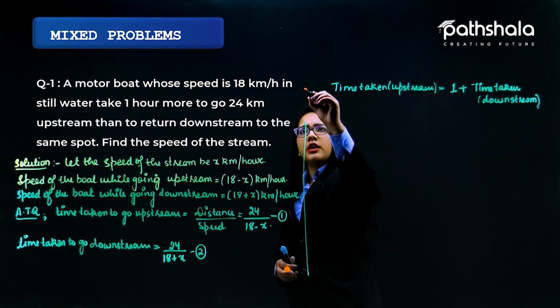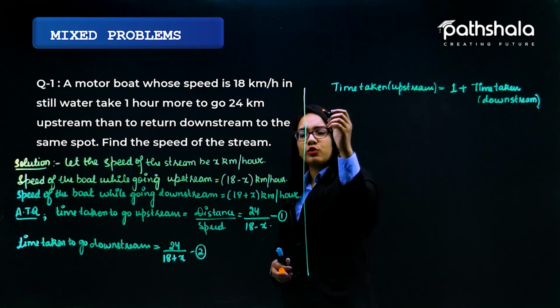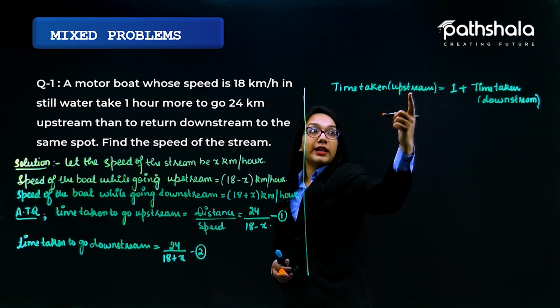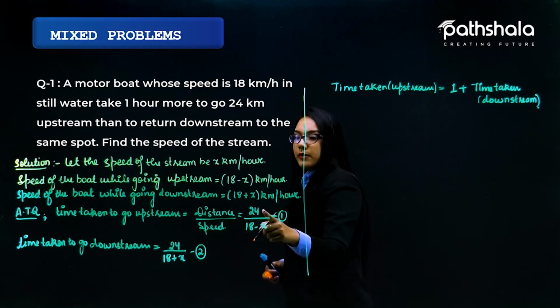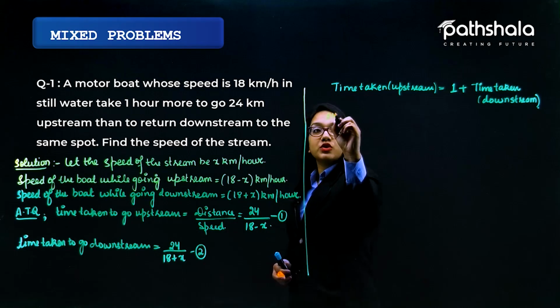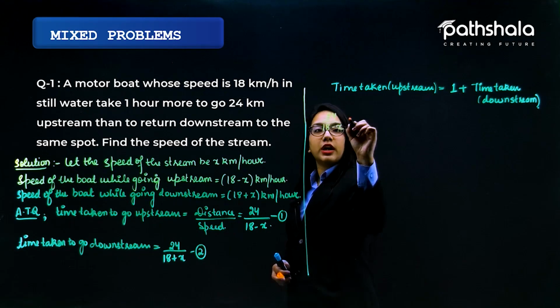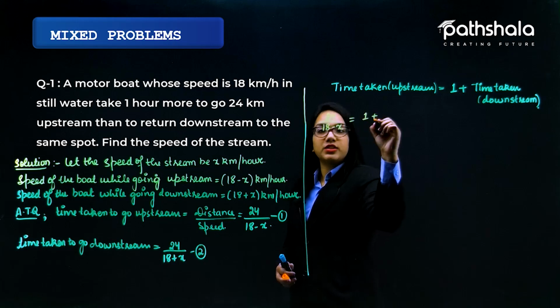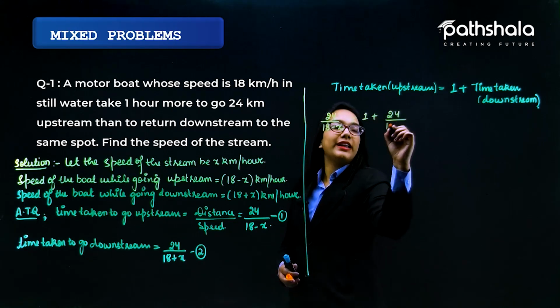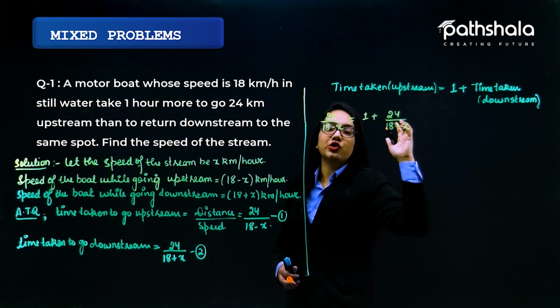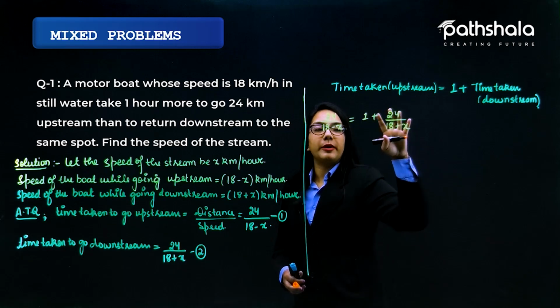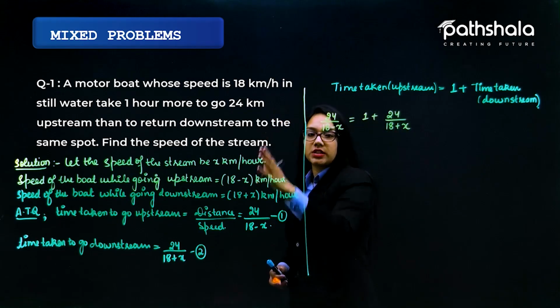So let's plug in the time taken upstream and downstream. For the time taken upstream, we have 24 by 18 minus x, and for the other, we have 1 plus 24 by 18 plus x. So this is the mathematical representation of the statement.